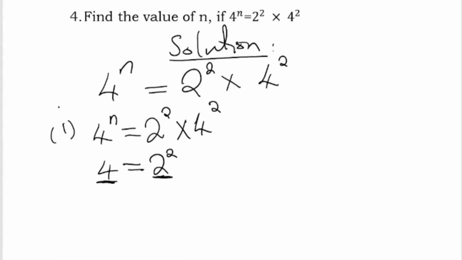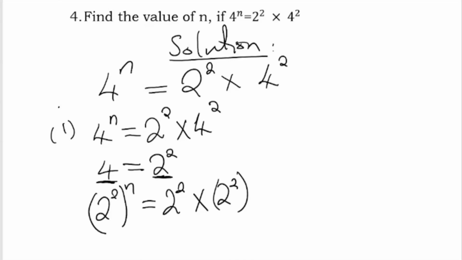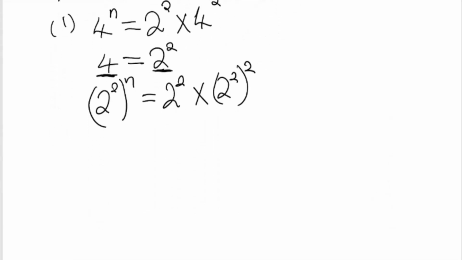So, in our statement here, instead of writing 4 to the power n, we are going to say 2 to the power 2 raised to the power n is equal to this other 2 to the power 2 multiplied by this other 4, which also becomes 2 to the power 2, then everything to the power 2. And so here we have 2 to the power 2n is equal to 2 to the power 2 multiplied by 2 to the power 4.